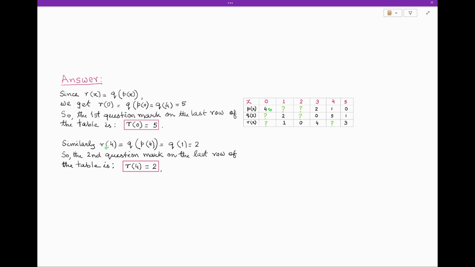Similarly, R(4) is equal to Q(P(4)), and from the table, P(4) is equal to 1. Therefore, R(4) is equal to Q(1), and since Q(1) is equal to 2, we get R(4) equal to 2.